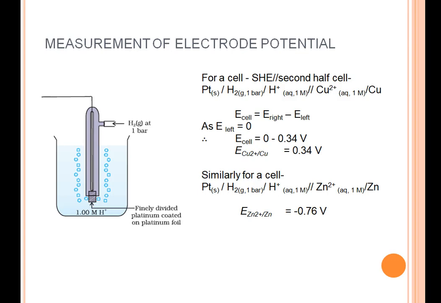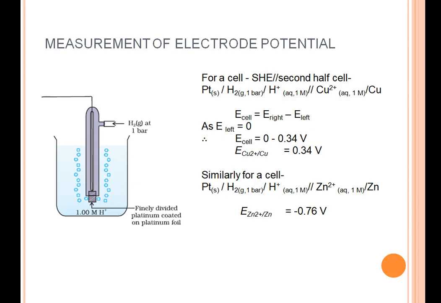Hydrogen gas is bubbled at 1 bar pressure and the strength of the solution taken in a beaker is 1 molar. So this is your standard hydrogen electrode. In short, it is represented as SHE.